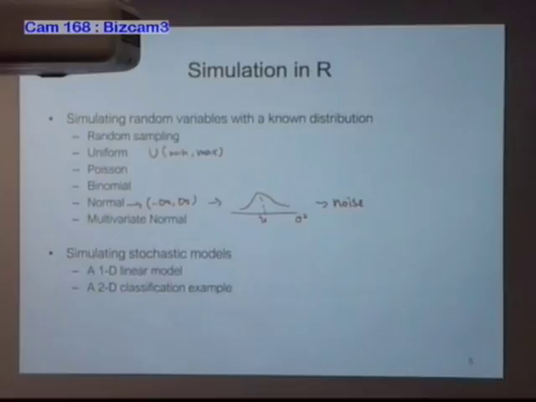And Poisson and binomial are just discrete things. Poisson is for counts that go from 0, 1, 2, all the way to infinity. So you want to model some arrival of customers and all these things.